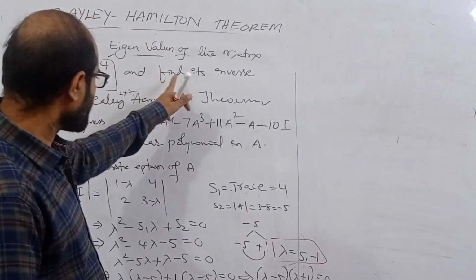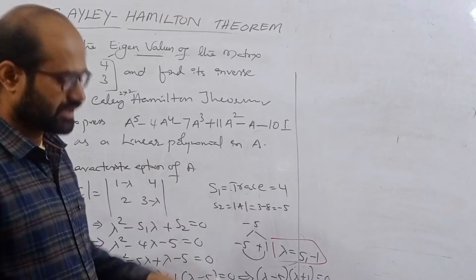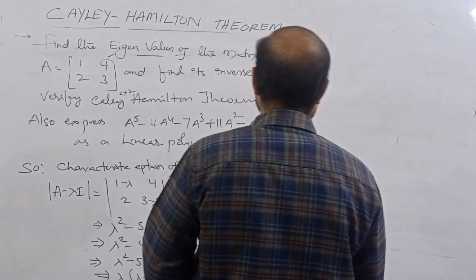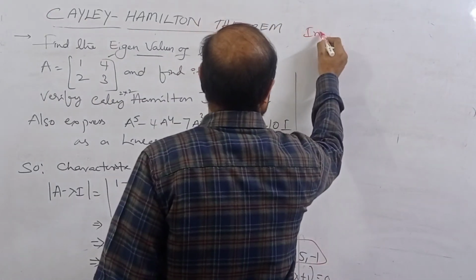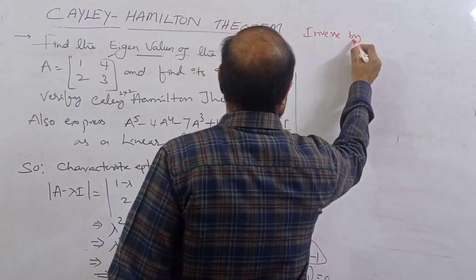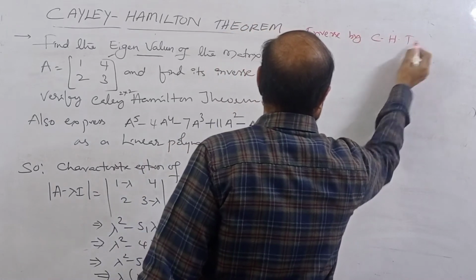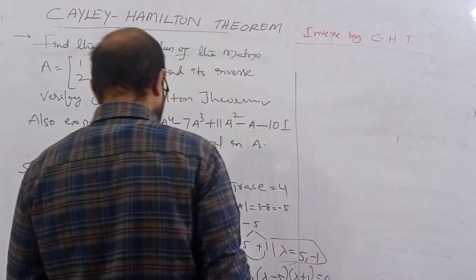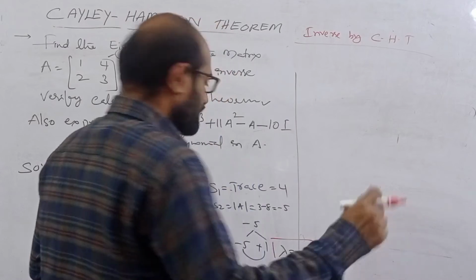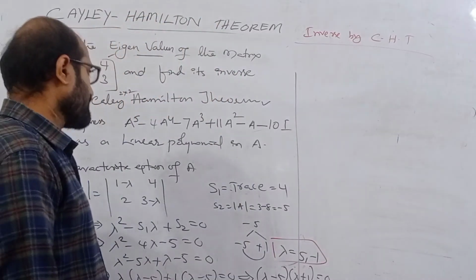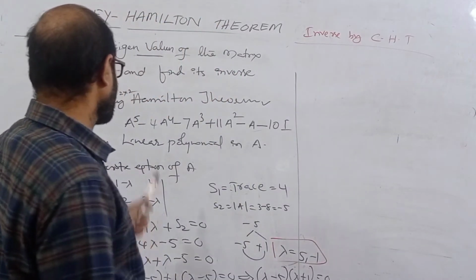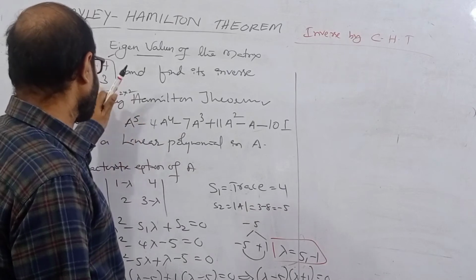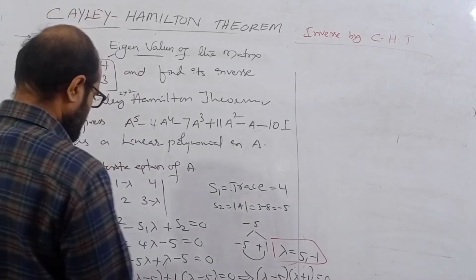Now let us find its inverse by using the Cayley-Hamilton theorem. Inverse by Cayley-Hamilton theorem. So I told in the previous lecture, to find the inverse, A inverse, we have to multiply the characteristic equation with A inverse. What is the characteristic equation?